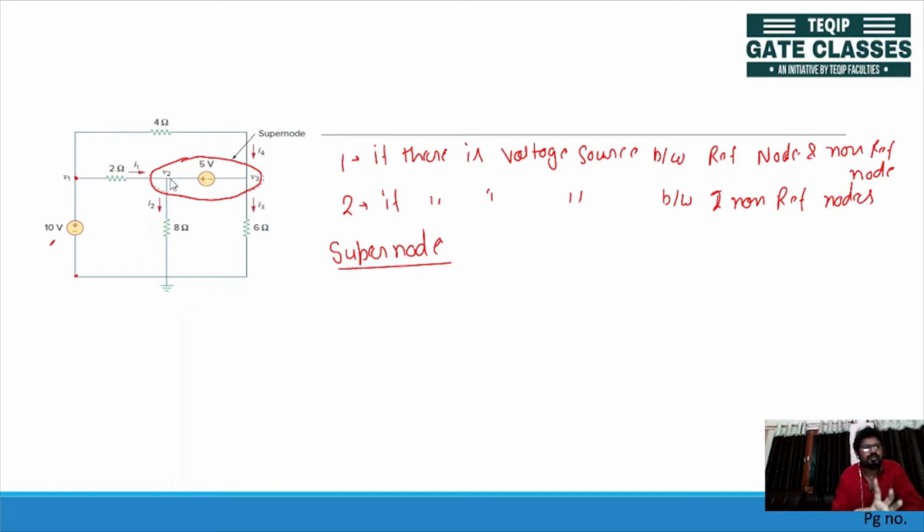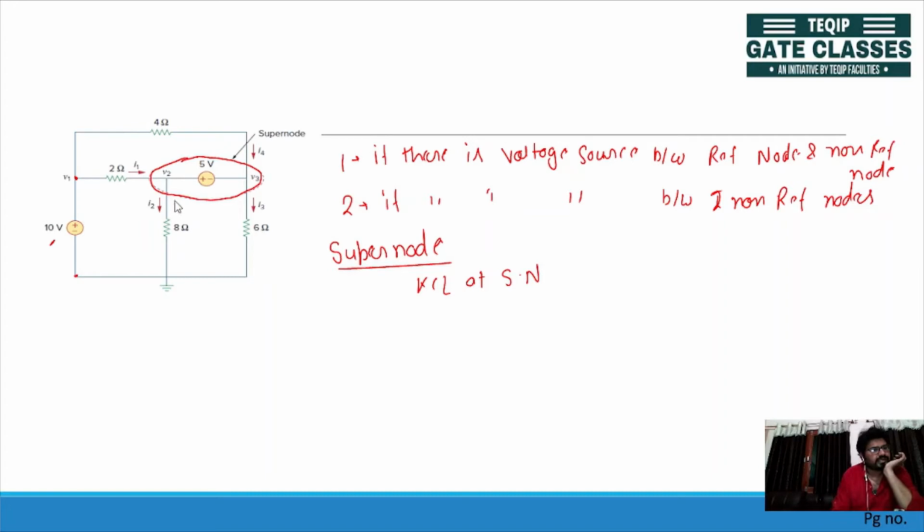The super node is like a balloon, so you have to apply KCL at once, meaning the current entering this balloon is equal to the current leaving this balloon. So if we have to apply KCL at the super node, what will you do? Let's say this is your super node, this balloon.